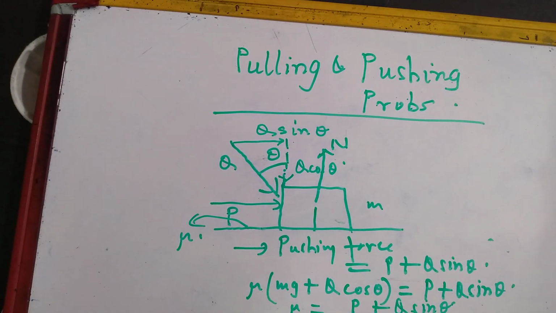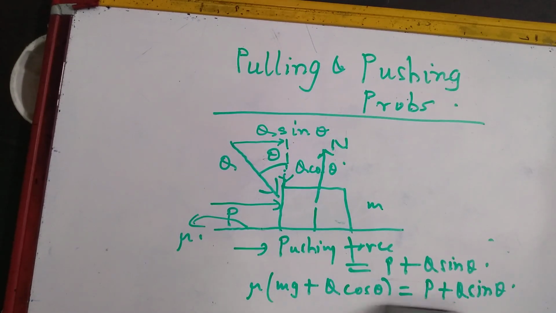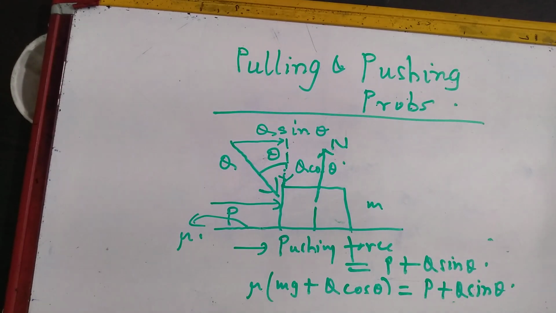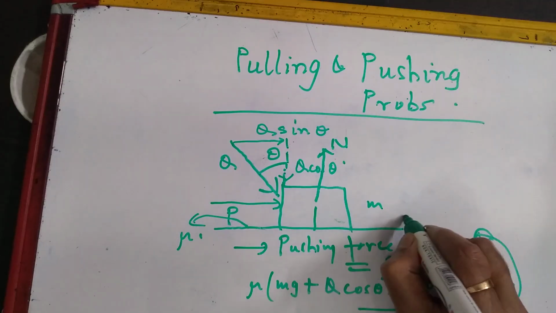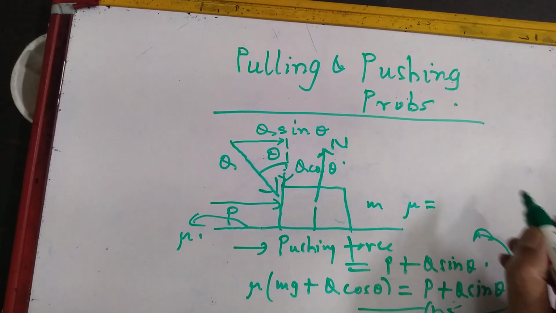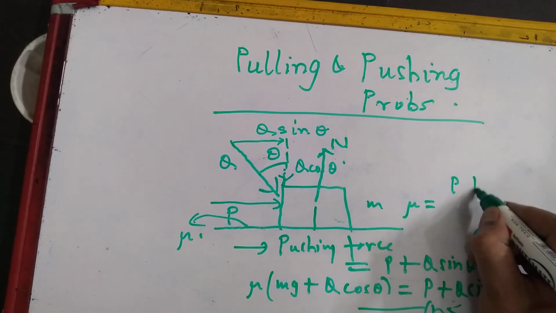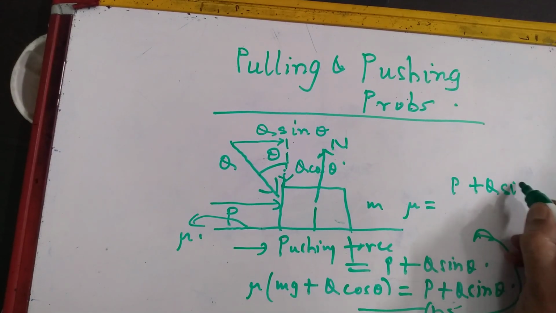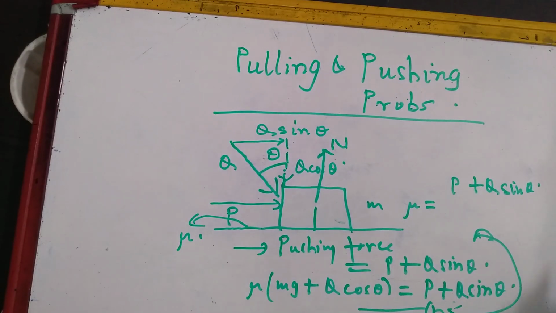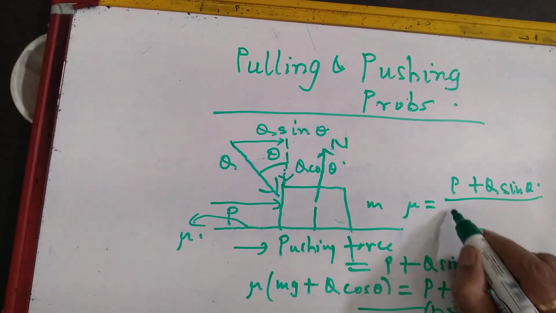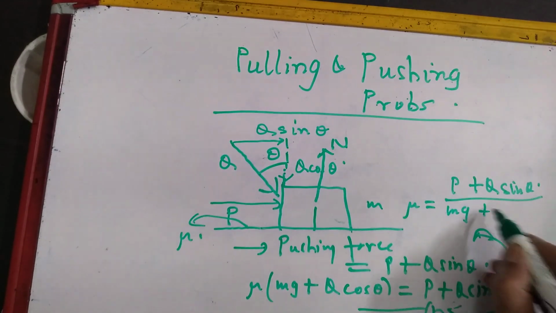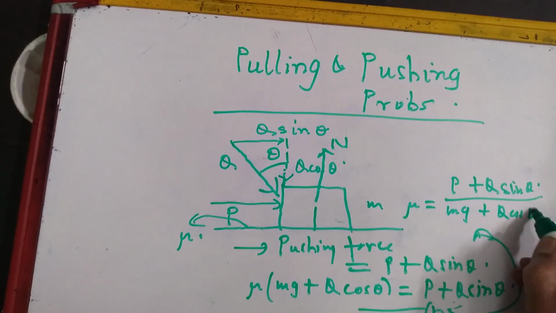Or let me just rub it again. And so equating these two, I am calling it as equation 1. So what I get, the answer, mu is equal to P plus Q sin theta divided by mg plus Q cos theta.